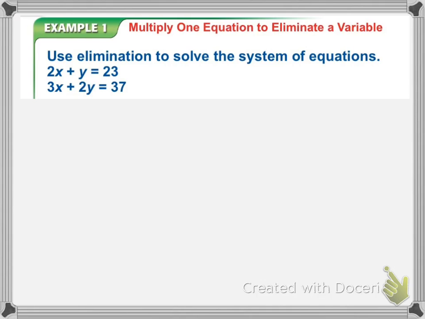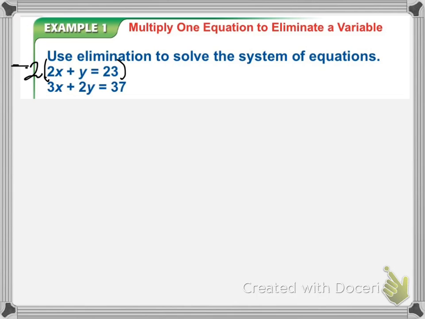That's a little complicated when, if you take a look at your y values, you have a 1y and a 2y. Well, in order to get those y's to cancel, I would have to multiply that top equation by -2 in order to get -2y on top. And then that way I can keep the 2y on the bottom and it would cancel.